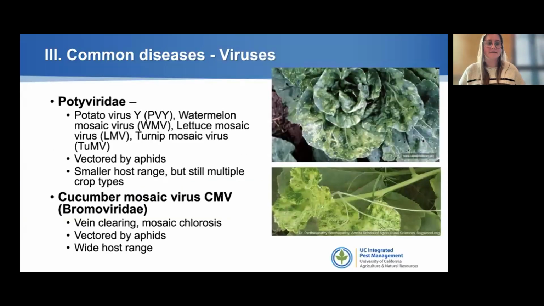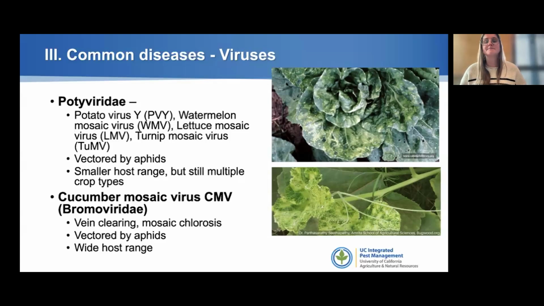Some other important viruses out there are the potyviruses. These are a lot of your mosaic viruses, like watermelon mosaic virus and lettuce mosaic virus and turnip mosaic virus. These are vectored by aphids. They have smaller host ranges, but they can still infect a number of crop types, but it tends to be a little more focused than those Tospoviridae viruses.